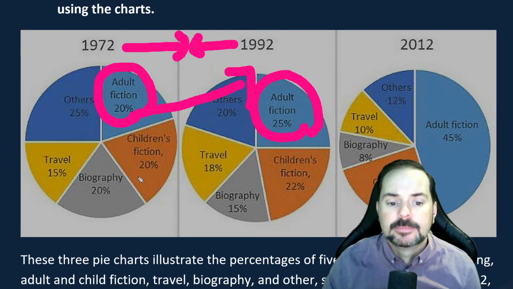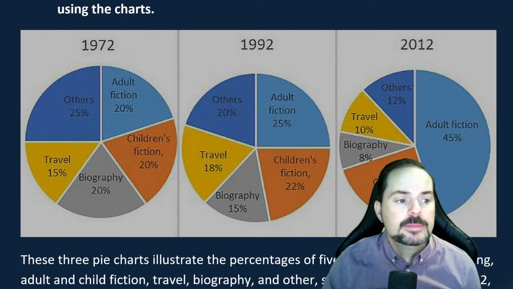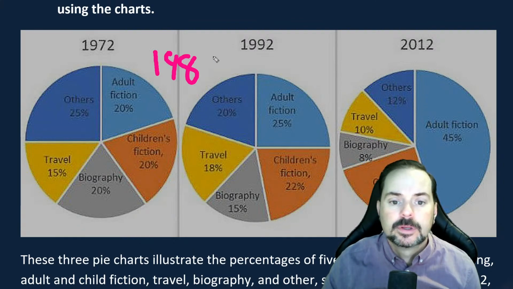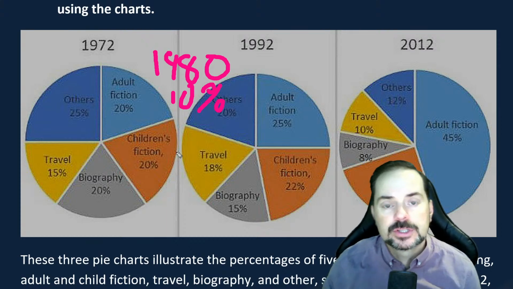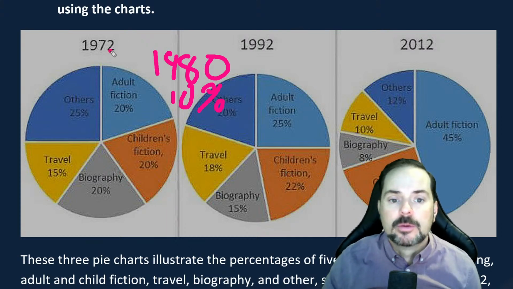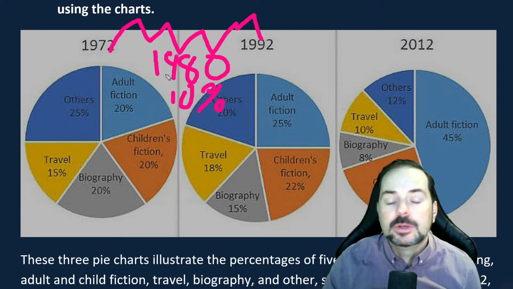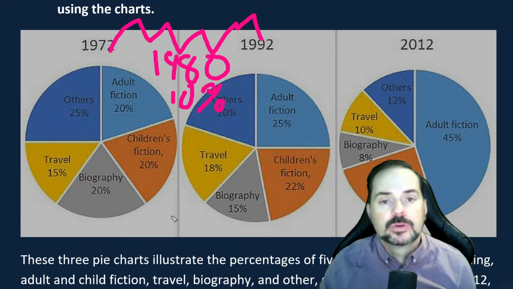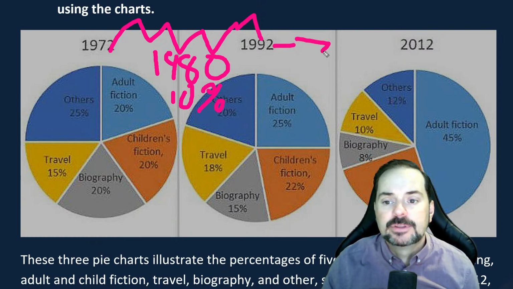We don't know that. Maybe in 1980, the adult fiction was only 10%. Maybe there weren't a lot of very good books in adult fiction during 1980. So it might have fluctuated. We don't know that. We don't have that data. Just like we don't have the data between 1992 and 2012.